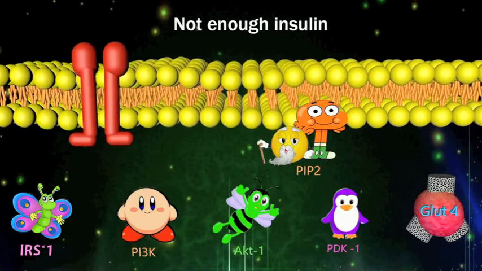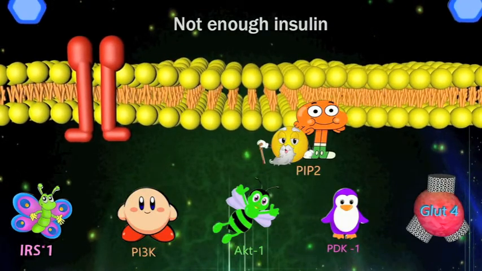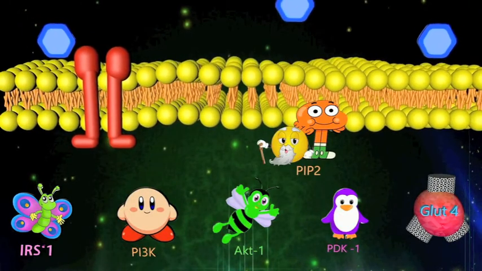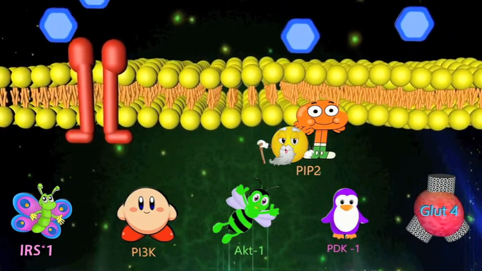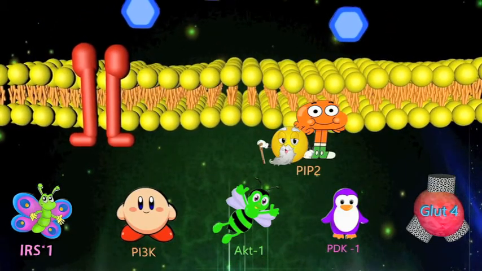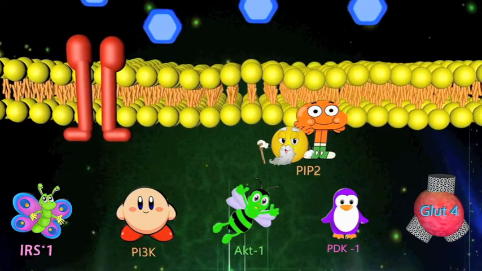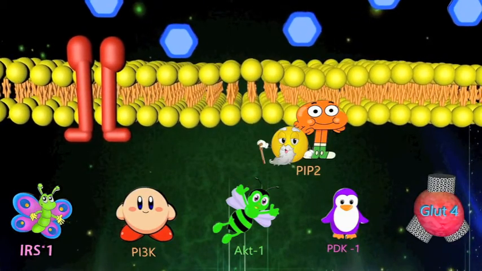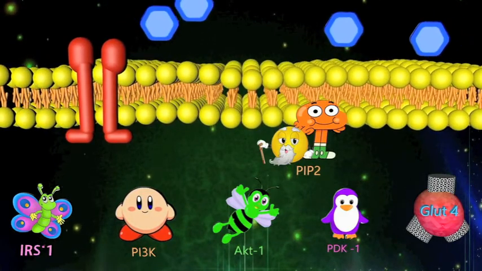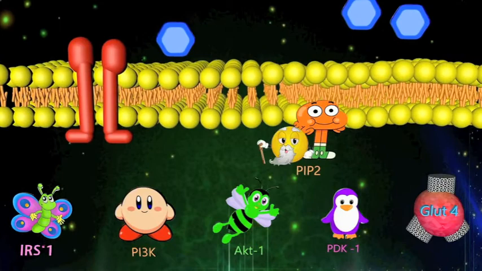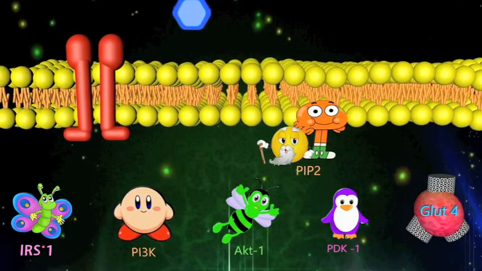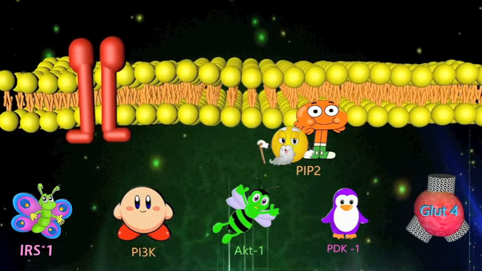So, the proteins inside the cell are not stimulated. GLUT4 vesicles will also not be activated. Instead, GLUT4 will stay inside the cell and not move to the surface of the cell membrane. So, glucose molecules cannot pass through the cell membrane to enter the cell. As a result, blood glucose level increases. This is called diabetes mellitus type 1.